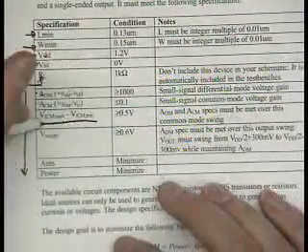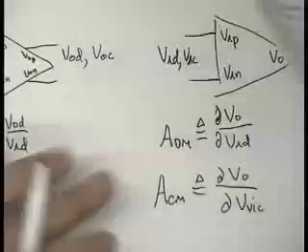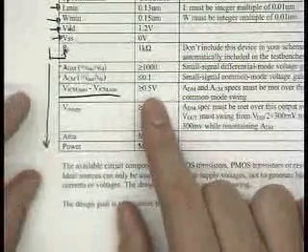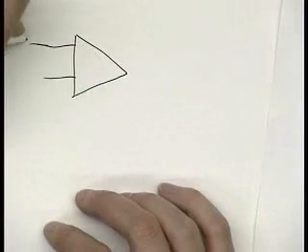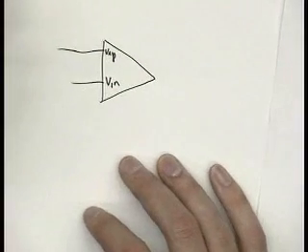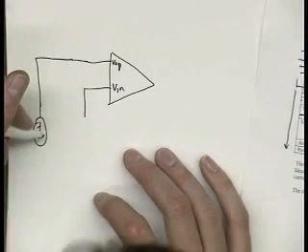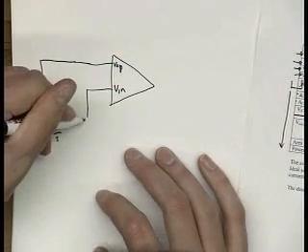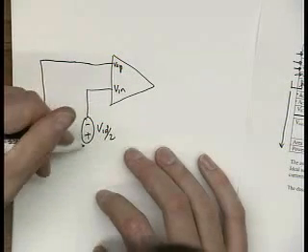So the next specification, VICM max minus VICM min. Okay? So what you get to, that has to be greater than 0.5 volts. And what that means is that you get to specify, so let me draw this as VIP, VIN. So the usual way we draw this is that this has positive VID over 2, this has negative VID over 2.